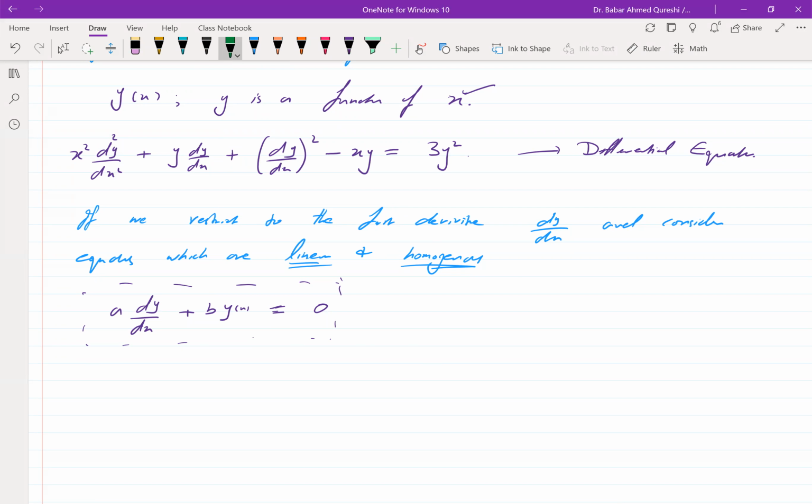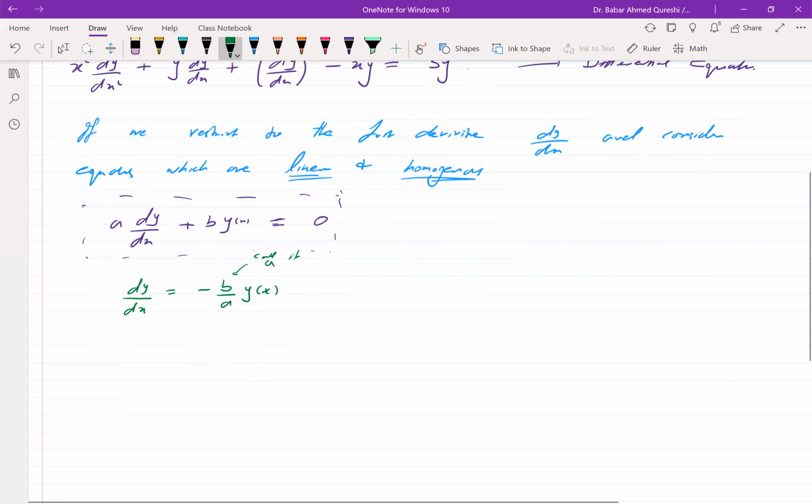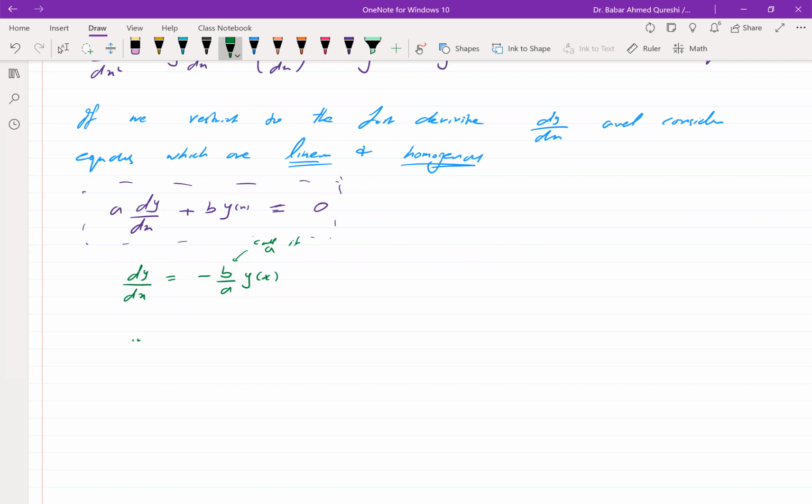First of all, you can obviously write this thing this way, and this I can rename, let's call it A. So my equation is actually of this form.